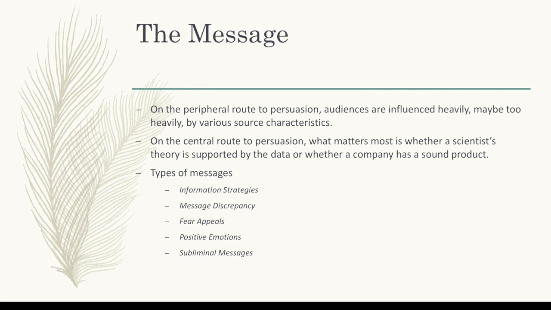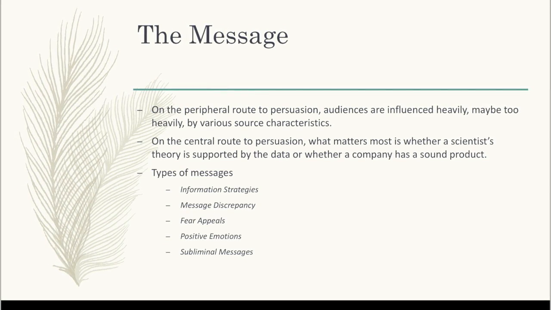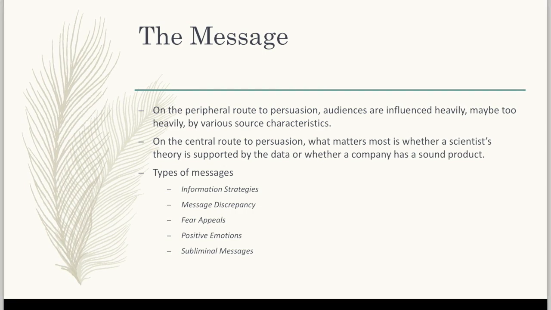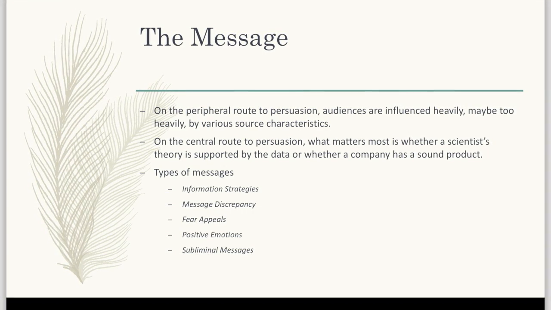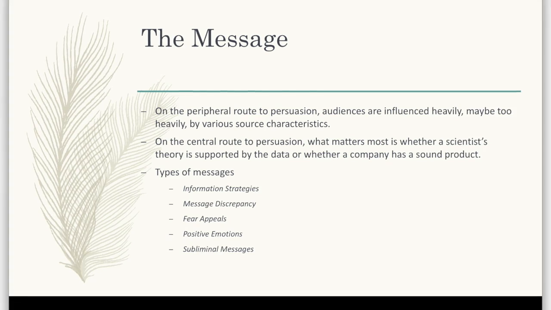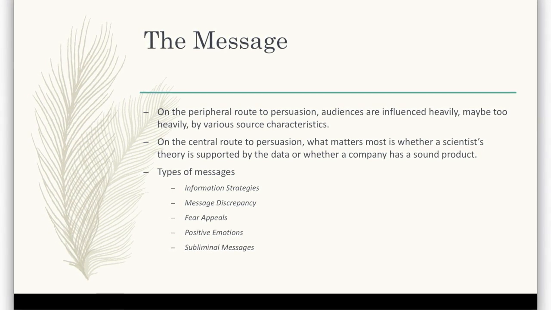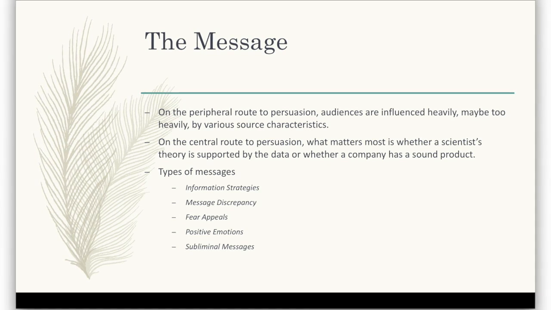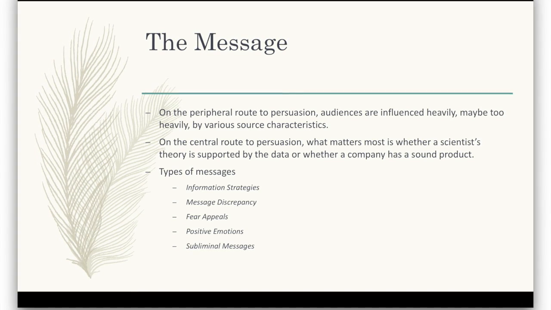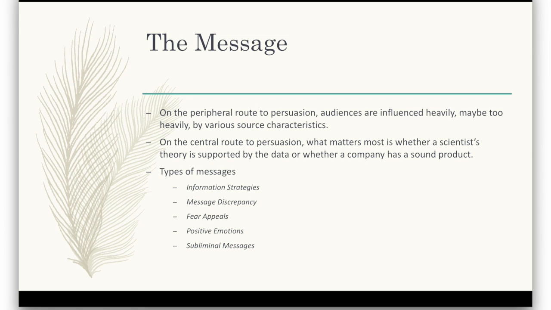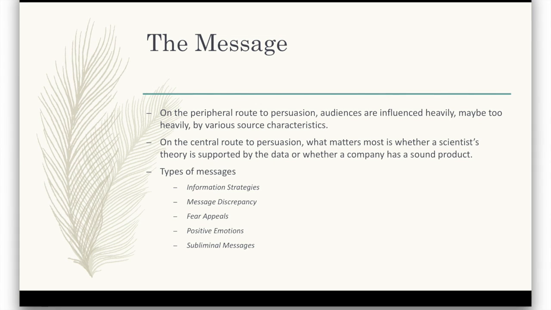On the central route of persuasion, what matters most is whether a scientist's theory is supported by the data or rather a company has a sound product. These types of messages are information strategies, message discrepancy, fear appeals, positive emotions, and subliminal messages.